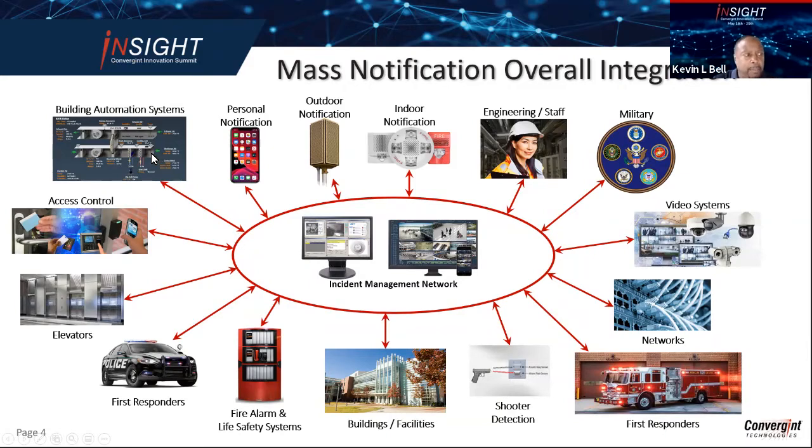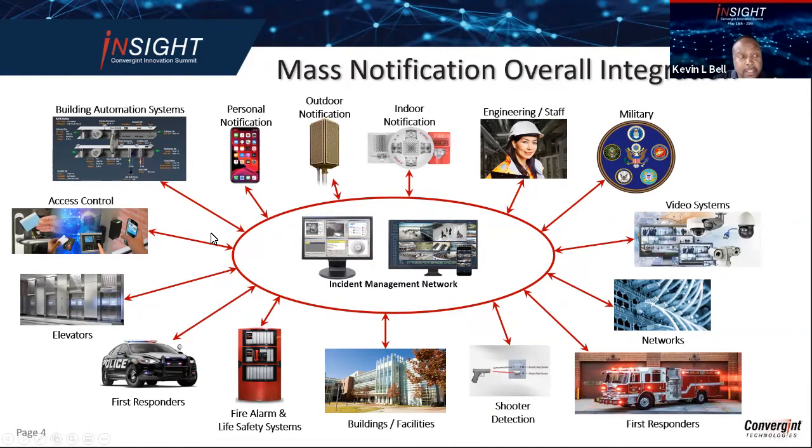So let's start with building automation. What does that have to do with mass notification integration? Well, some facilities are located by railroad tracks. Those railroad tracks carry cars with dangerous chemicals. There have been a lot of derailments where the chemical has spilled out, whether it's by train, truck, or on site. Hospitals have dangerous chemicals. Some college campuses, like Georgia Tech, have dangerous chemicals that they experiment with.